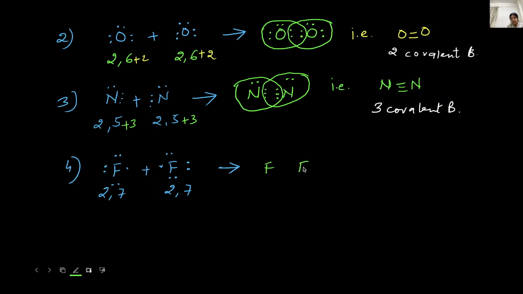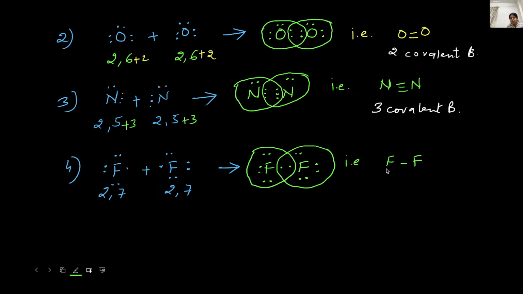In case of the fluorine molecule, each fluorine will share 1 electron with another fluorine atom in order to complete the octet. You need to show the completed octet in case of the fluorine molecule as 1 covalent bond formation.